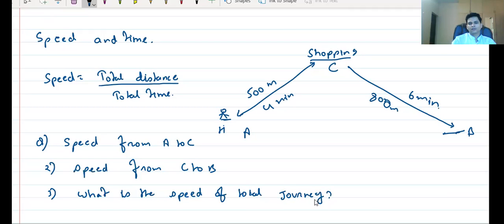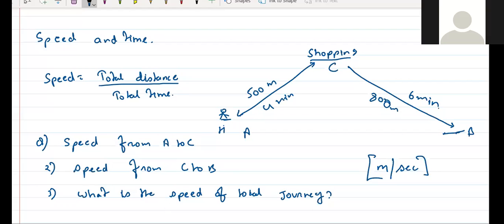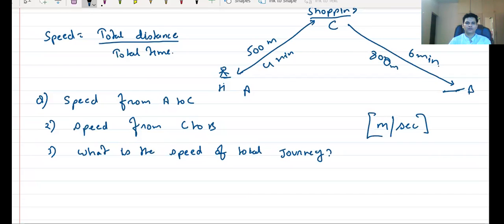Okay, think about it. Let's see. I'll solve each question one by one. Question number one, from A to C. What's the distance covered between A to C? Distance is 500 meter.